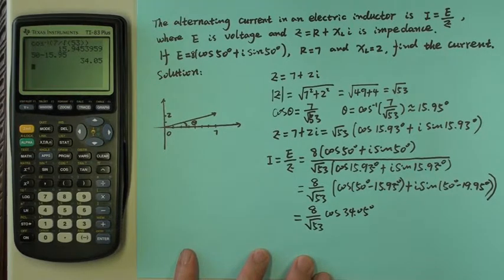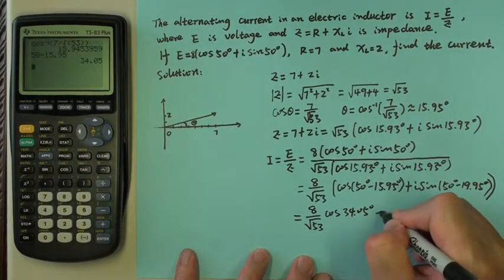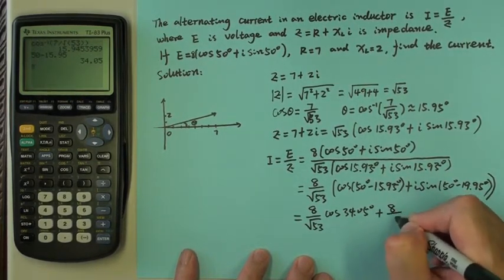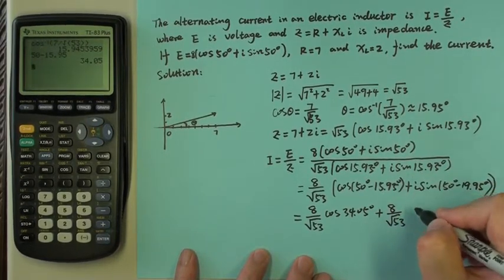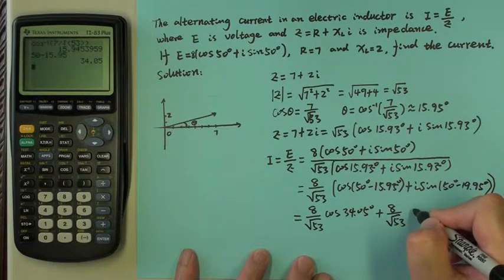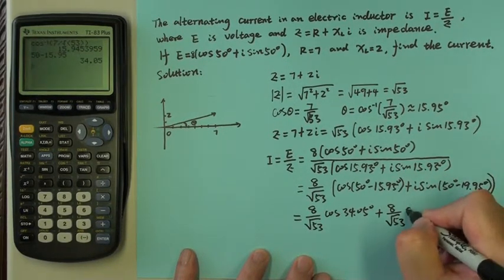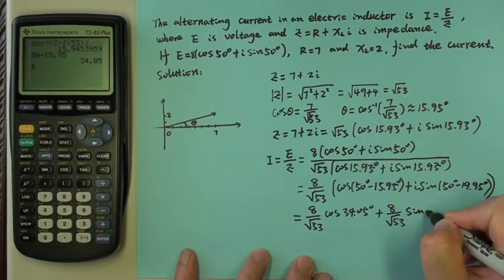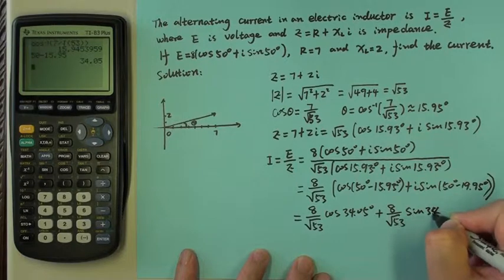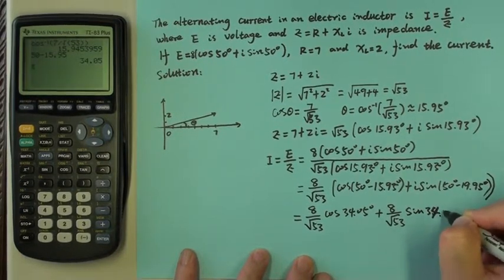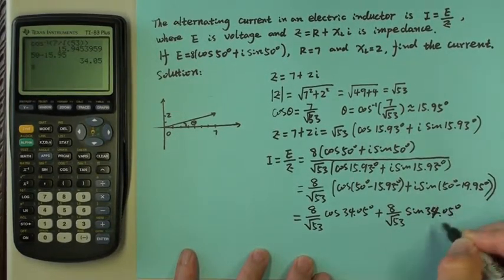And then plus 8 over radical 53 times i times sine of 34.05 degrees.